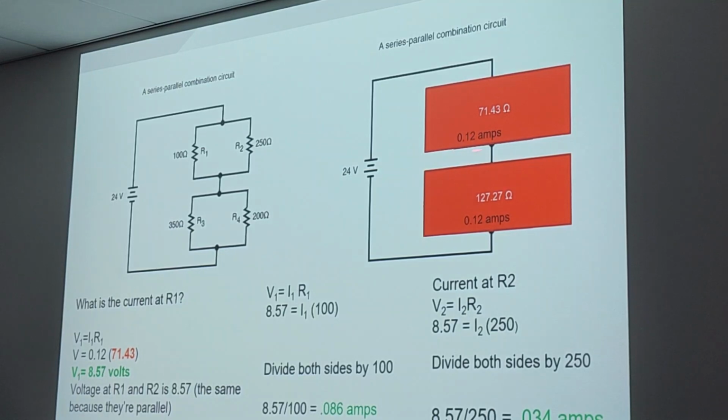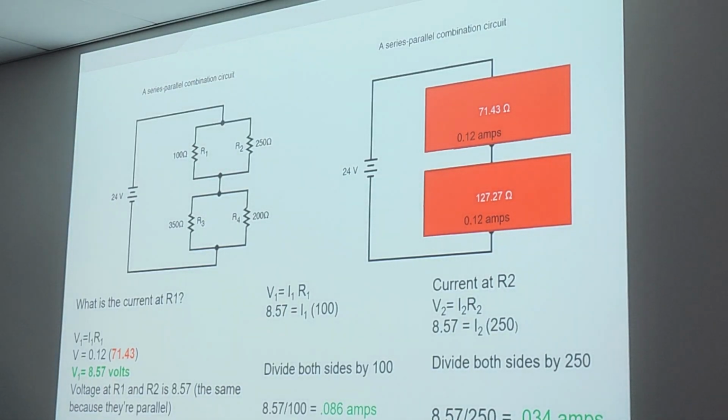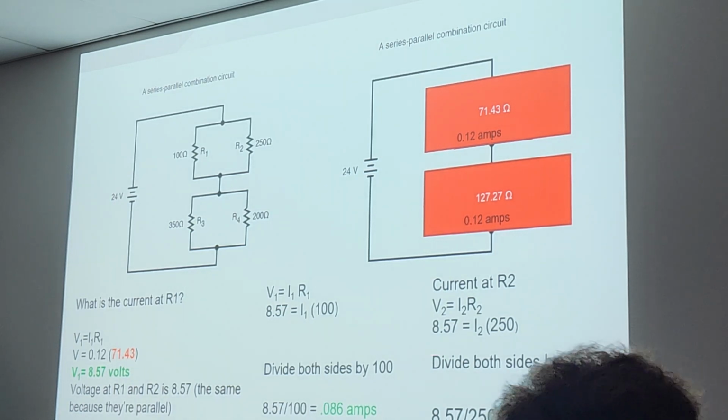Then you multiply the total current by the resistance to get the voltage, and to find the individual current, you have to first find the individual voltage in those circuits.